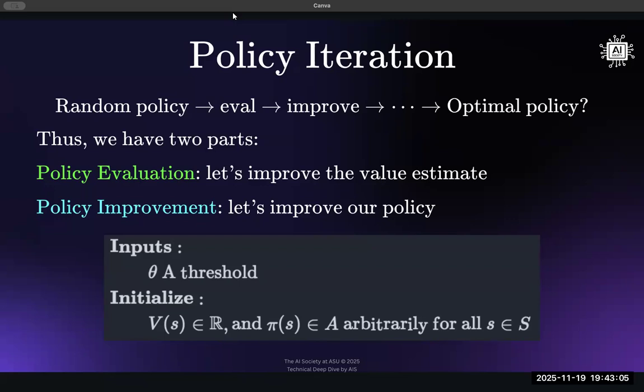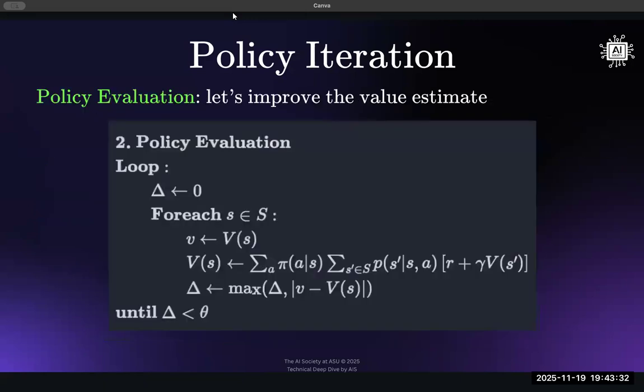We're going to take as input some data, which is a threshold. The purpose of this threshold will be to tell us when we've converged or not. So let's say it's some very small number, 0.00005. If our policy estimate, so the difference between our policy estimate and the current policy estimate, yeah, so that threshold comes in the bottom.